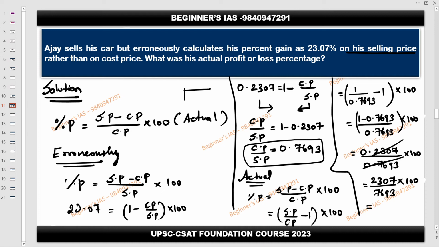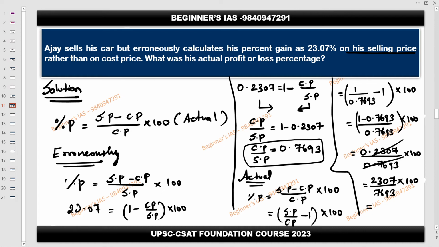Not exactly. Don't consider the exact answer, just take the approximate answer. Or else do one thing. Suppose if anybody has a calculator, just check this one. What would be the answer? Sir, approximately 29 point.